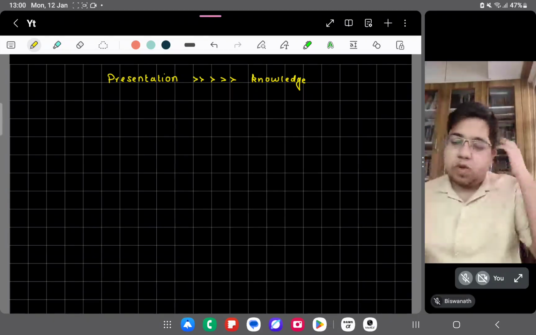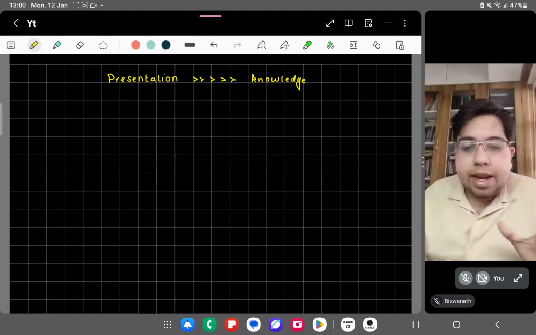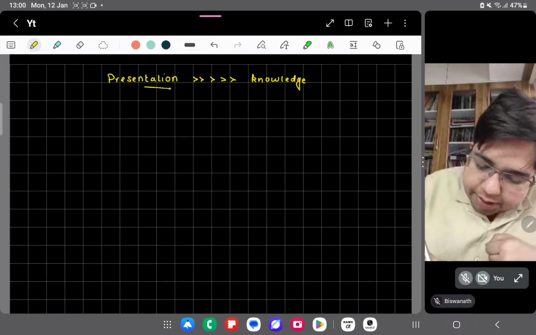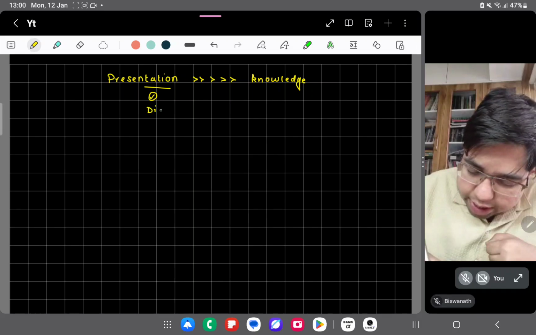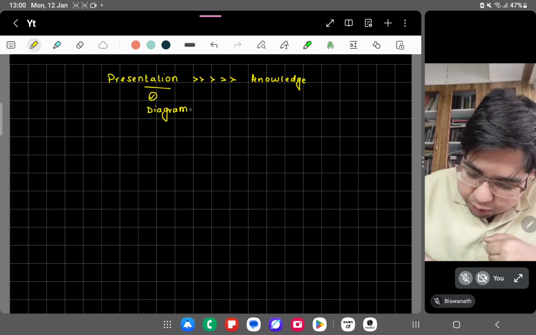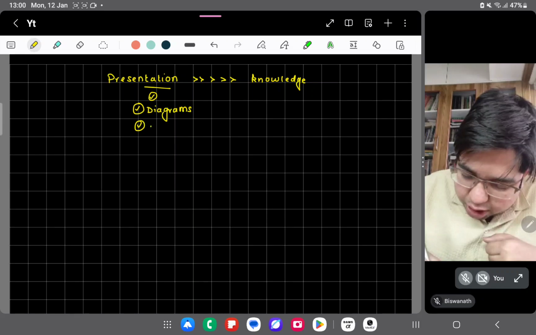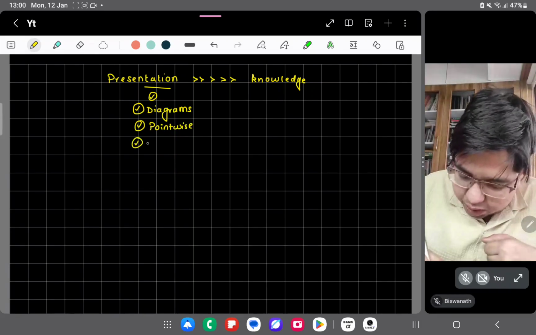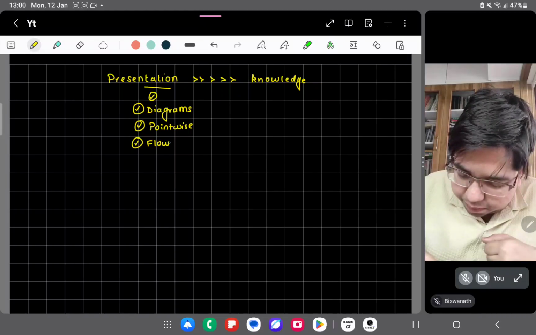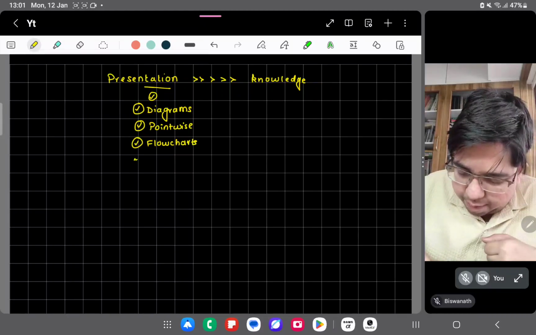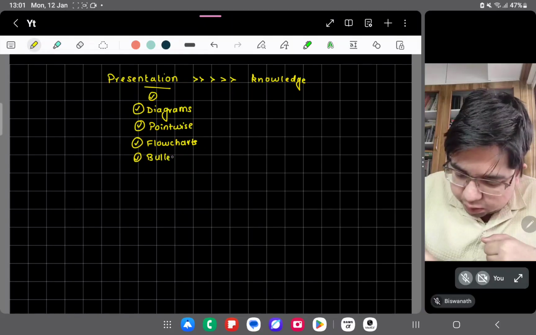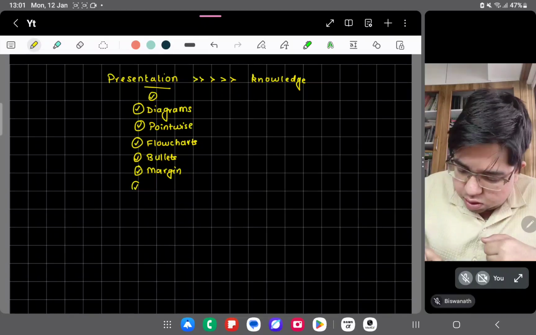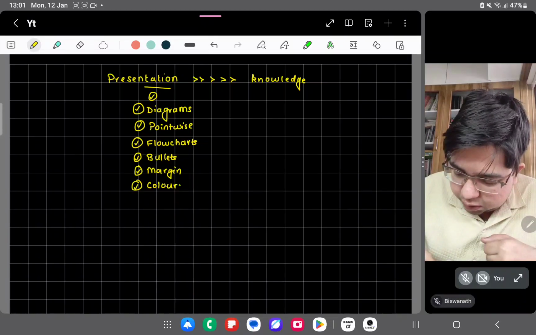If you are desiring a good score, make sure your presentation is good, your diagrams are good, you have written everything in a point-wise manner, you have made flowcharts, you have proper bullets, proper margins, and colors where necessary.